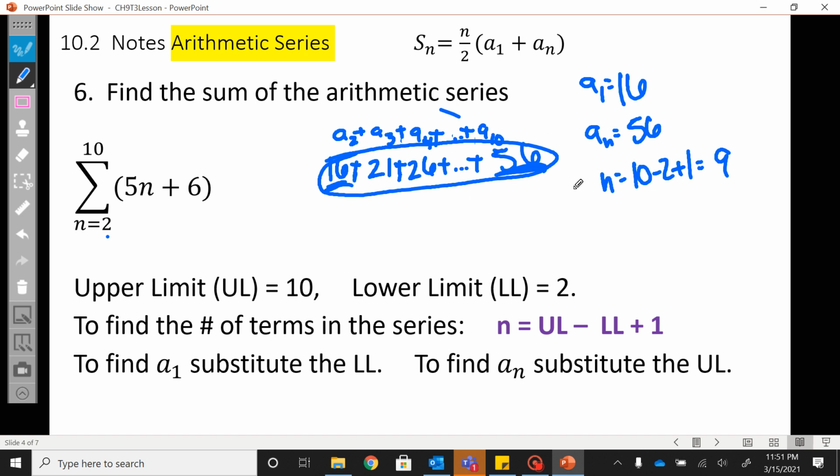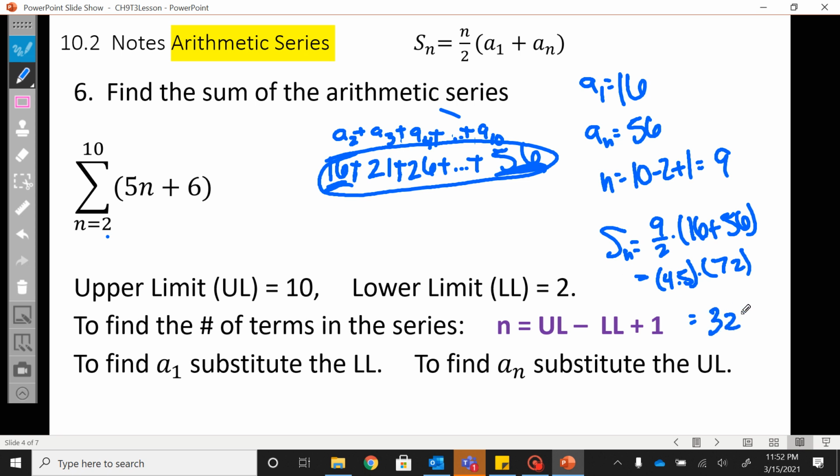Let's go ahead and use this information to calculate the series, which is the sum. So n over 2, 9 over 2, times a1, 16, plus an, which is 56. So 9 over 2, that's 4.5. 16 plus 56, that's 72. 4.5 times 72, 324.